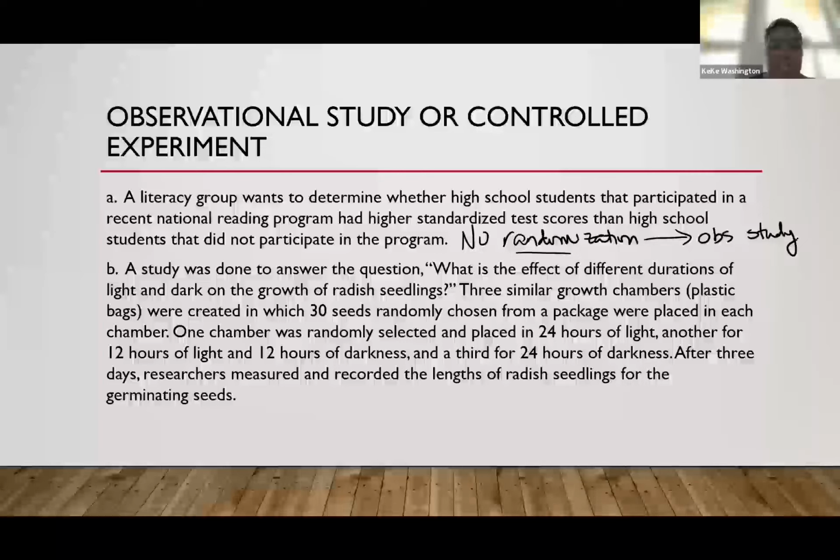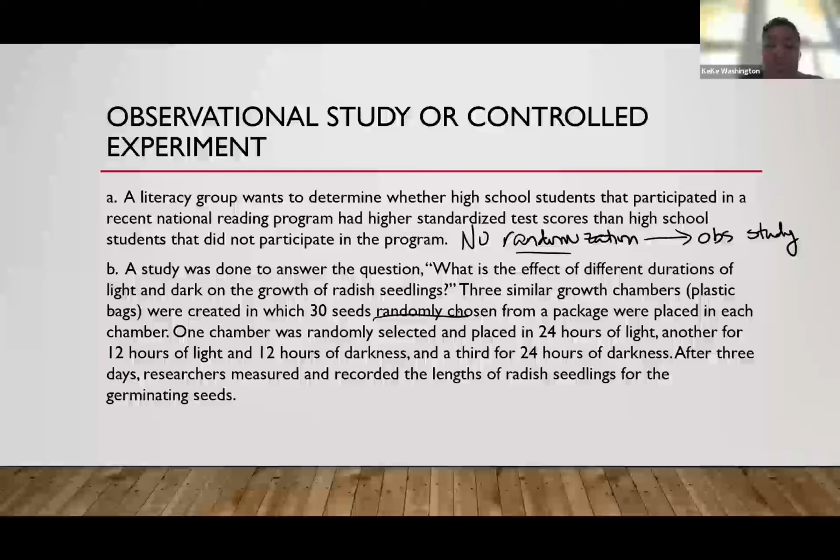Part B: a study was done to answer the question, what is the effect of different durations of light and dark on the growth of radish seedlings? 3 similar growth chambers, plastic bags, were created in which 30 seeds randomly chosen from the package were placed in each chamber.